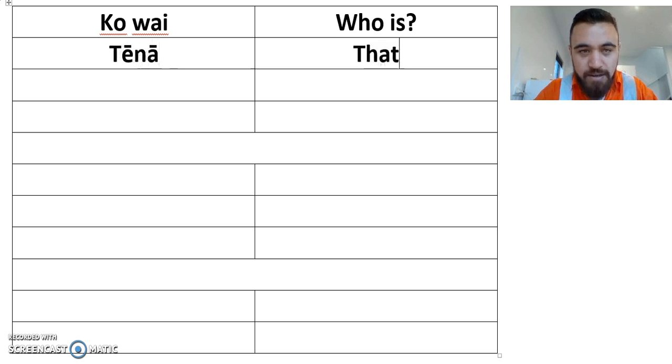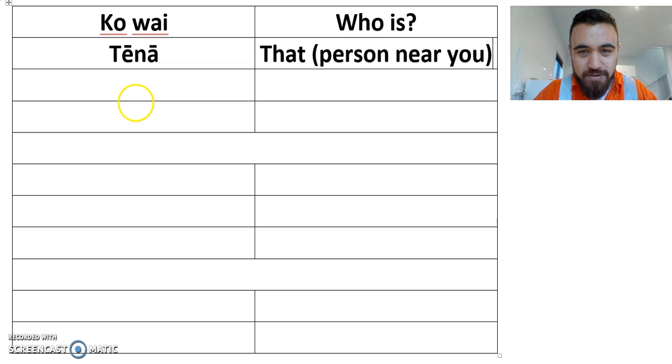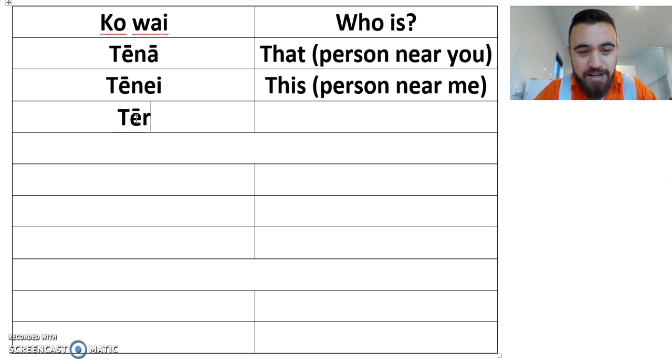So we'll look at, say, ko wai, who is, we might say tēnā, that, as in person near you, who I'm speaking to, tēnei, this, as in the person near me, tērā, as in that, the person over there.